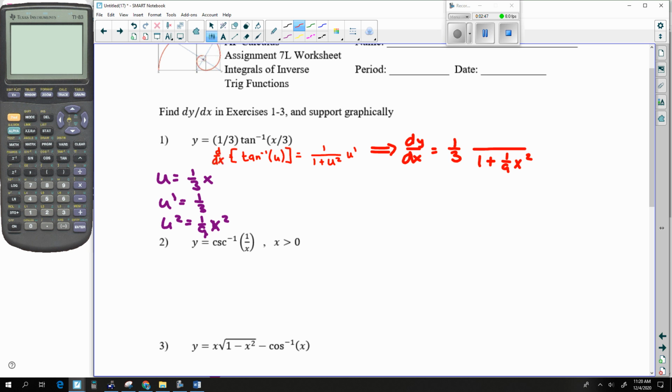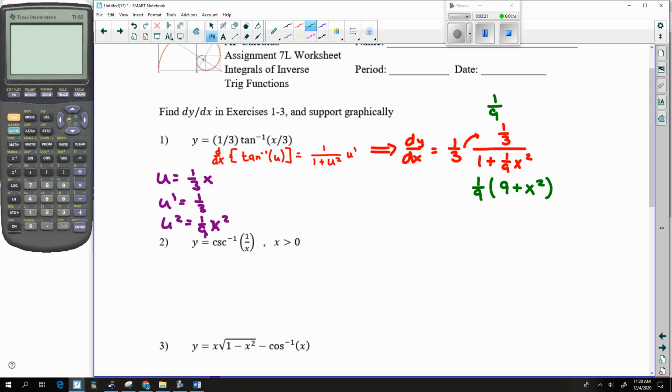So 1 plus 1/9 x squared, and the top is a u prime, which is again 1/3. So this is 1/3, 1/3, which is technically on top. Let's think about this denominator. I'm going to factor out, in essence, a 1/9, so the denominator is 9 plus x squared. Right now the numerator is 1/9.